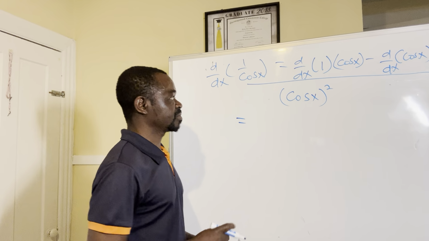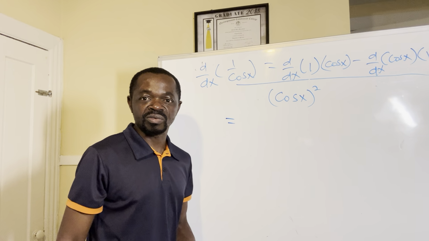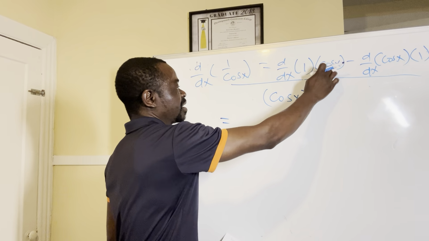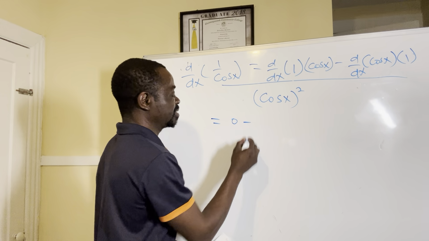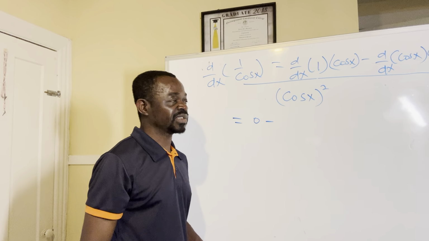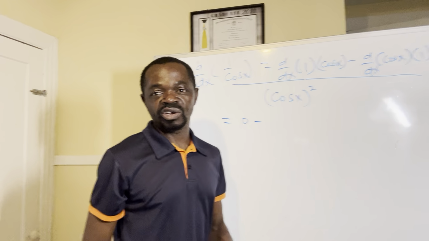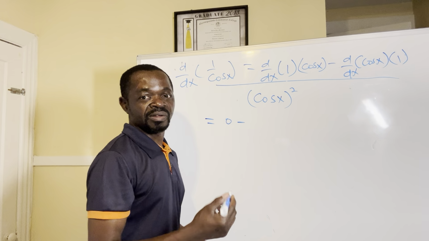So that gives us, if you differentiate 1, it gives us 0. So multiply 0 by cos of x gives us 0. So here I have 0, and this is a minus. If you differentiate cos of x, it gives us minus sine of x. So minus sine of x times 1 is still minus sine of x.